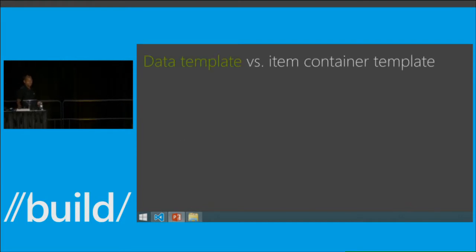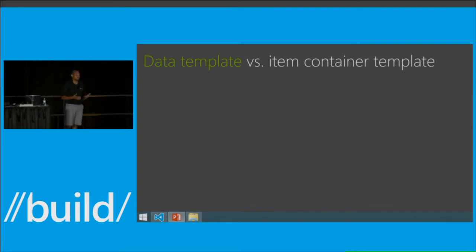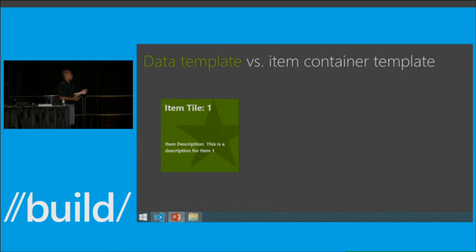So before we actually start talking about panning, let's review a pretty basic concept to XAML since WPF through Silverlight and now in Windows 8 XAML. So we have the idea of a data template and an item container template. A data template is, like it says, all about how you present your data. This is what you, the developer, create to make your GridView item show the data in your data items.